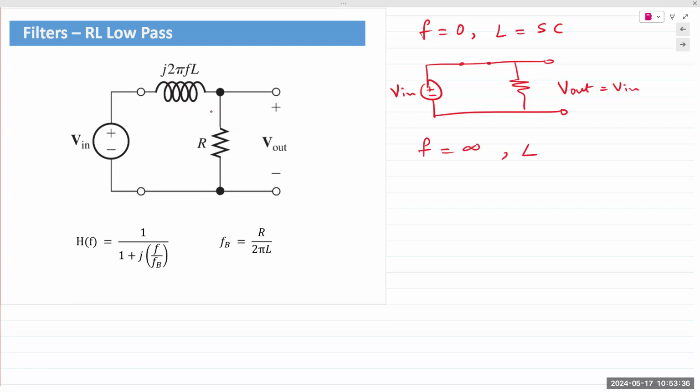And as f tends towards infinity, the inductor behaves like an open circuit, and so V in is blocked. V out goes towards 0. So this works like a low pass circuit. Low frequencies are passed through. High frequencies are blocked.